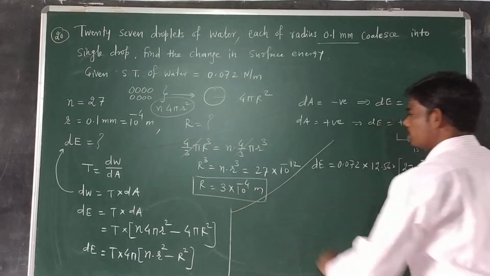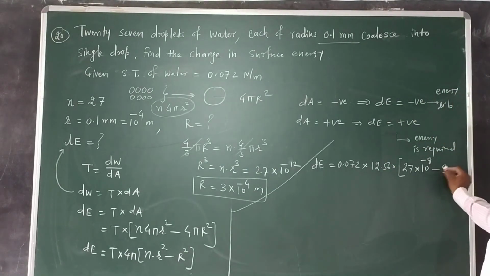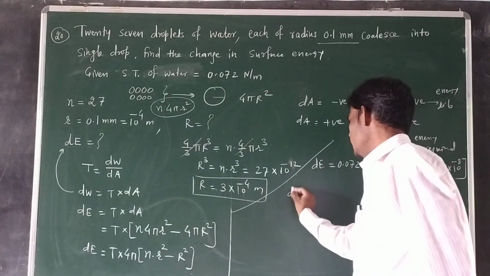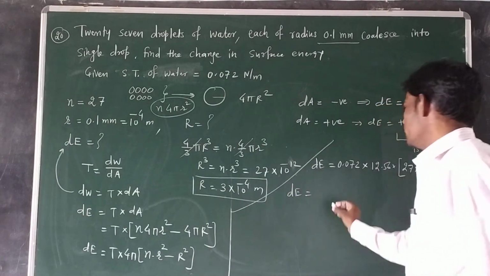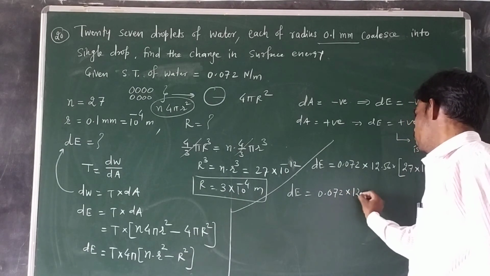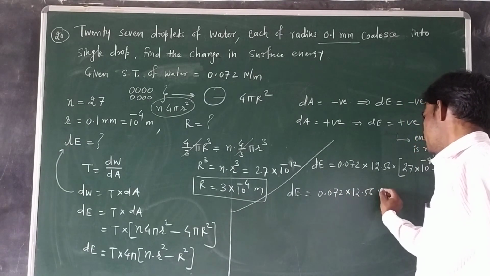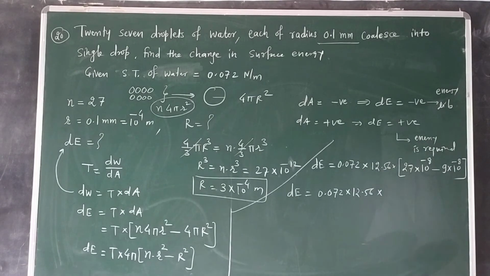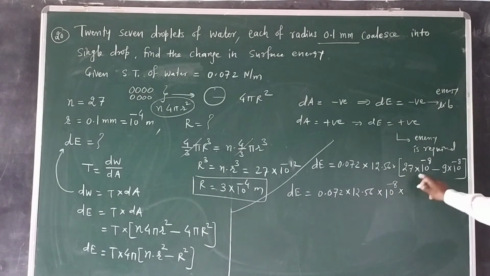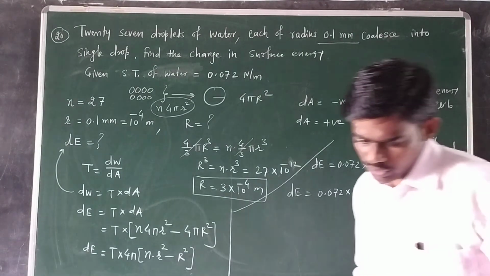Capital R square becomes 9 into 10 raised to power minus 8. So dE is 0.072, 12.56, then 10 raised to power minus 8 common, 27 minus 9. 27 minus 9 is 18.